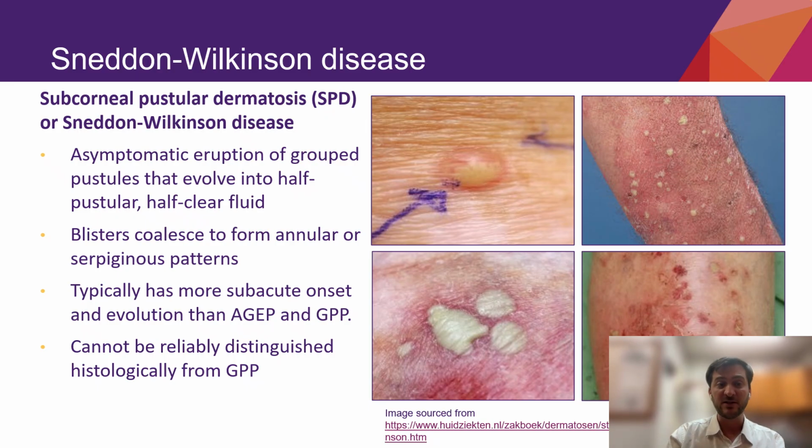And the blisters can coalesce and form annular or serpiginous patterns. And typically, as we said, they have a more subacute onset and subacute evolution than AGEP and GPP.